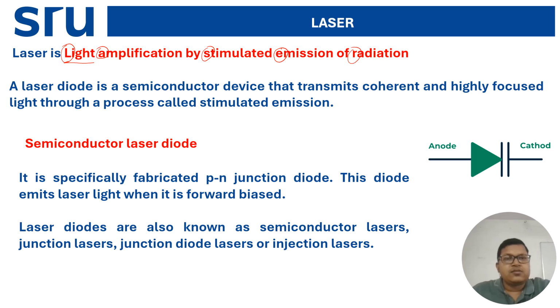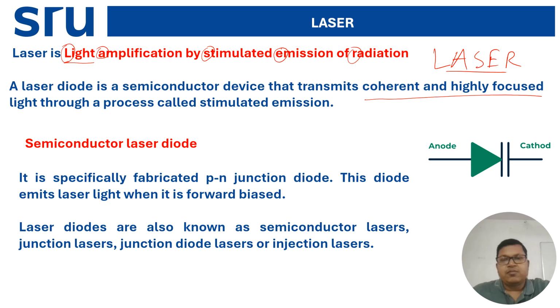Okay, this makes it laser. A laser diode is a semiconductor diode that transmits coherent and highly focused light through a process called stimulated emission. Let's try to understand coherent and highly focused.